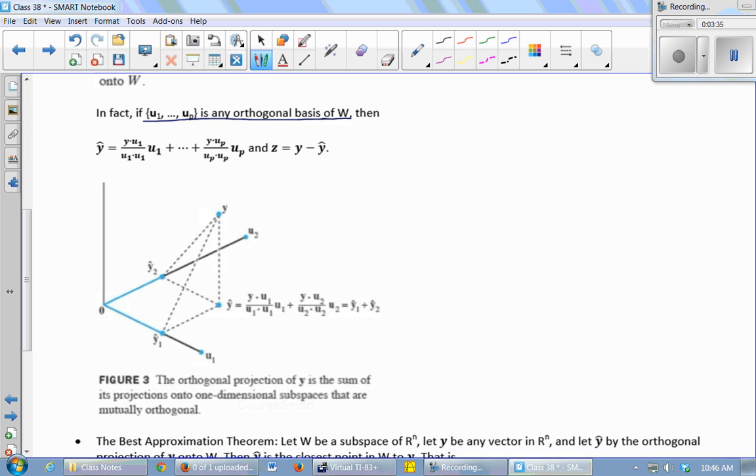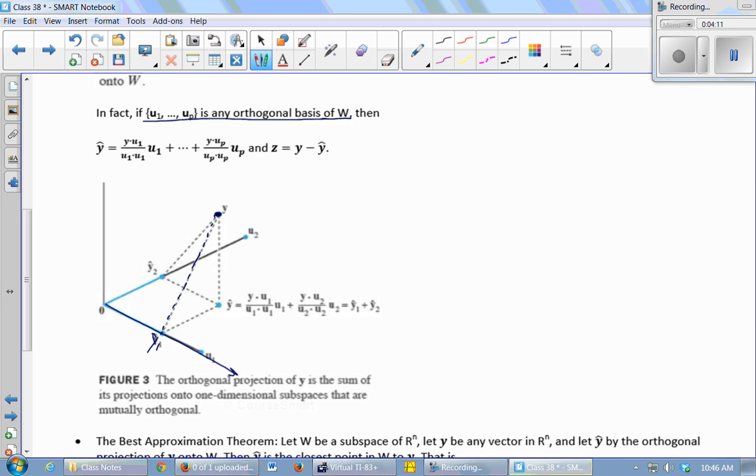So this picture, you should take some time with this picture because it really explains why this is the formula. So what we learned last class is that you could project a vector y onto a line L. So let's say we have y here. So I can project y onto u1, right? We already knew how to do that from last class. I could project y onto this line by dropping a perpendicular to the line, and I get y hat. We'll call it y1 hat.